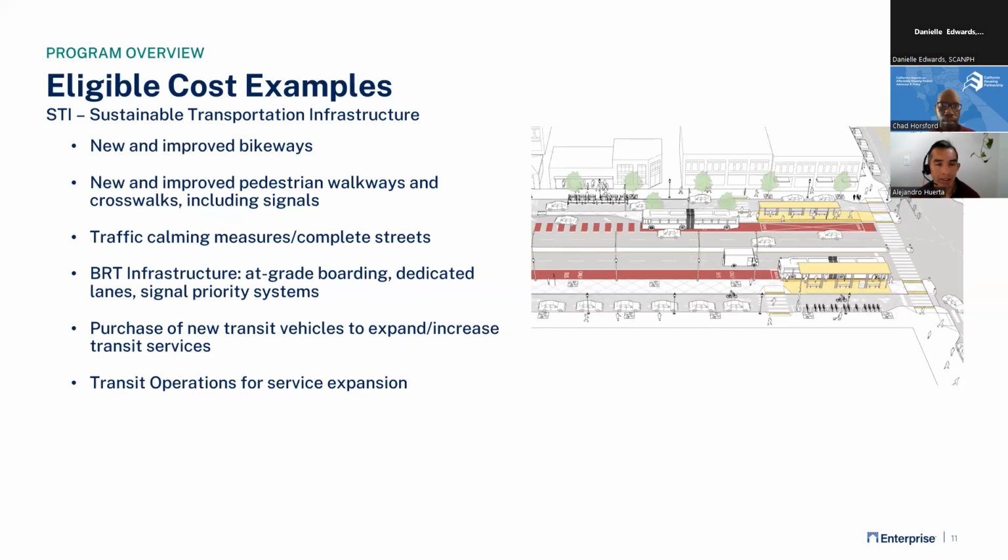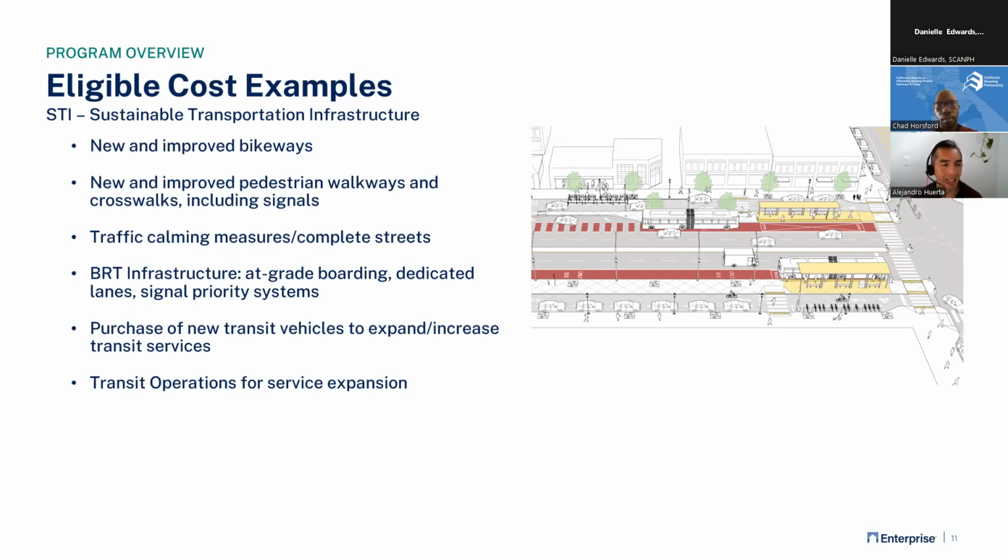So what that means is the AHSC grant will pay for new or upgraded bikeways, pedestrian improvements as well, including any associated crosswalks, signal enhancements, etc. So those are the bike and ped improvements primarily. And these usually are paired with traffic calming measures in order to make complete streets. So that's one bucket, anything that's in the public right of way, bikeways and walkways.